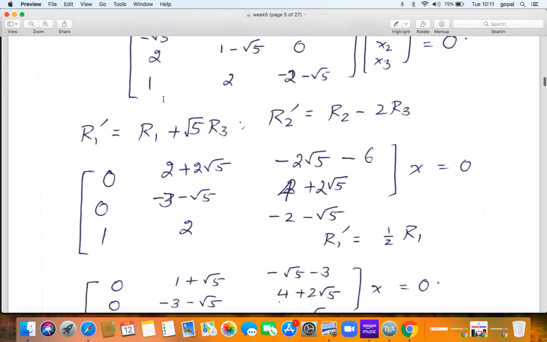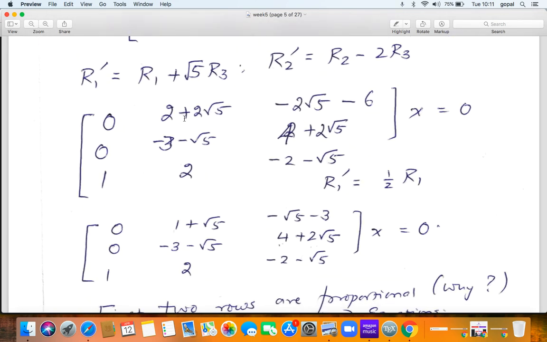When I perform those operations, what do I get? I get 0, 2 plus 2 root 5, minus 2 root 5 minus 6; 0, minus 3 minus root 5, 4 plus 2 root 5; 1, 2, minus 2 minus root 5. Of course, I'm going to simplify it further. I'm going to get rid of this unnecessary factor of 2, so R1 prime equals 1 half R1.